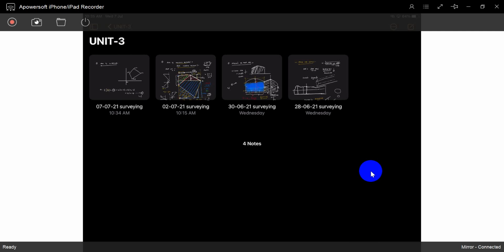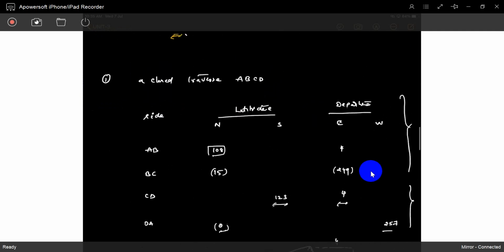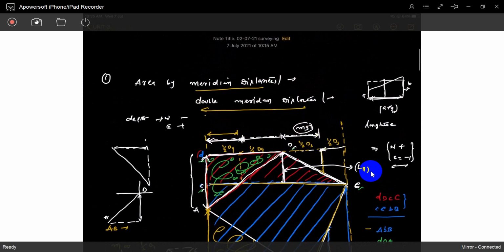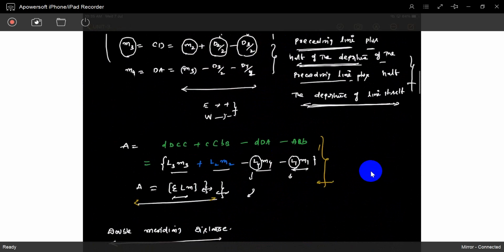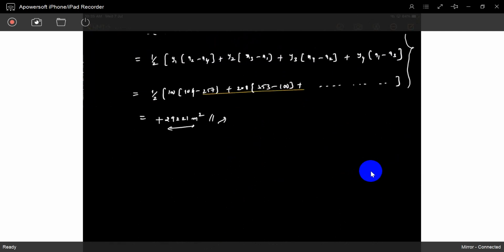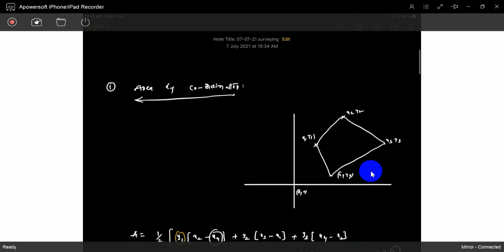We solved the problems regarding the trapezoidal rule and Simpson rule. Later, to find the area by the meridian method, and the double meridian distances method, you can call it the third method. Later, the area by coordinate methods.